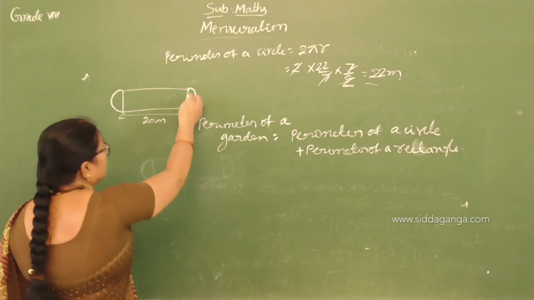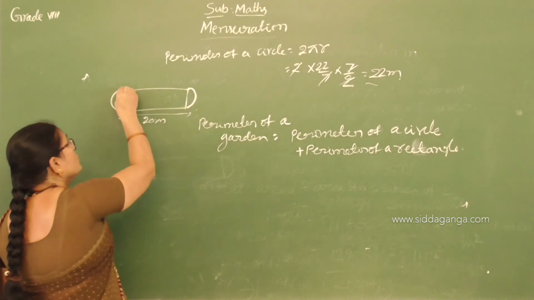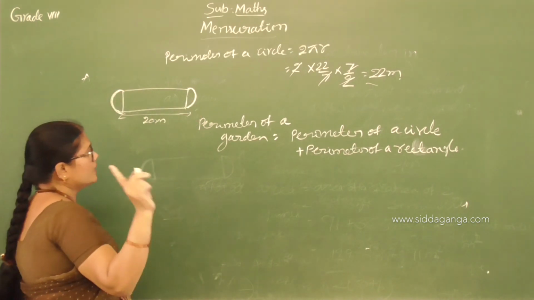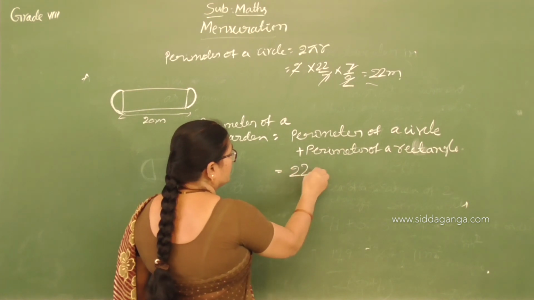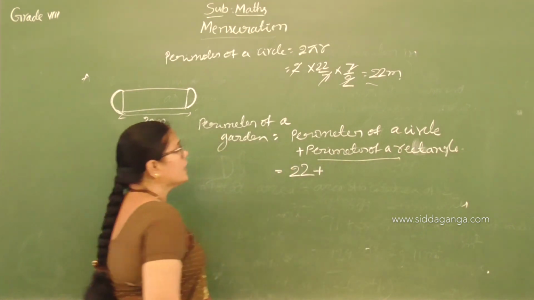Here we have to take the two semicircles as one circle. So the perimeter of the circle is equal to 22. Here we have to take the perimeter of the rectangle.